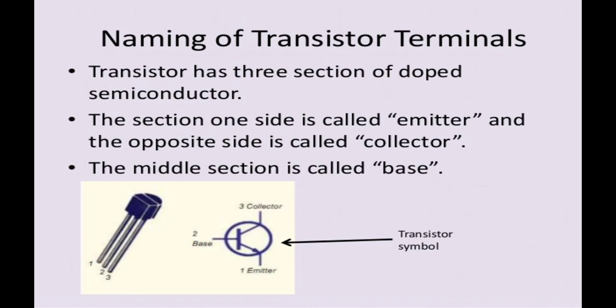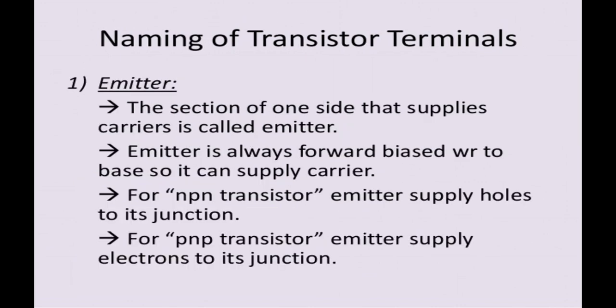If the arrow is inside, meaning the current flows emitter to base to collector, then it's called a PNP transistor. If the current flows collector to base, base to emitter, then it's called an NPN transistor. Is it clear? Okay, we move to the next slide, next point.